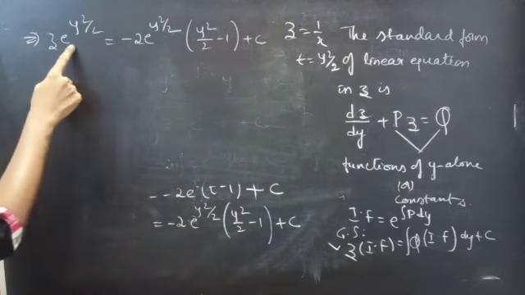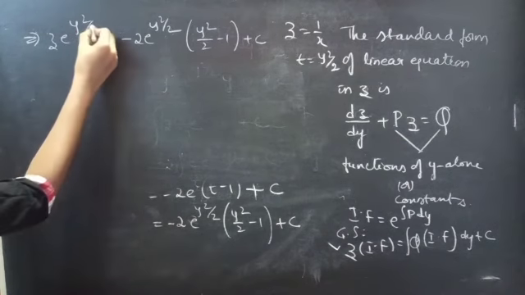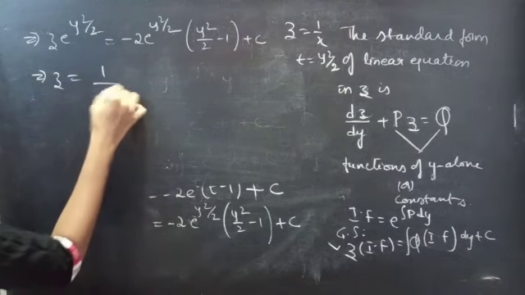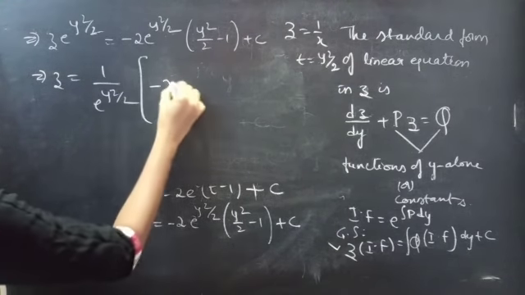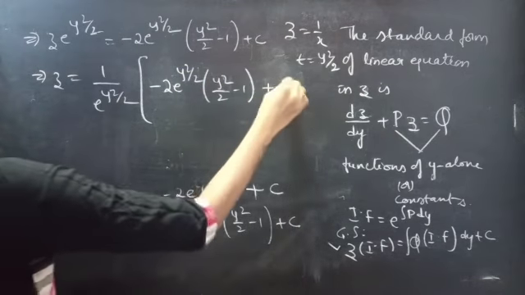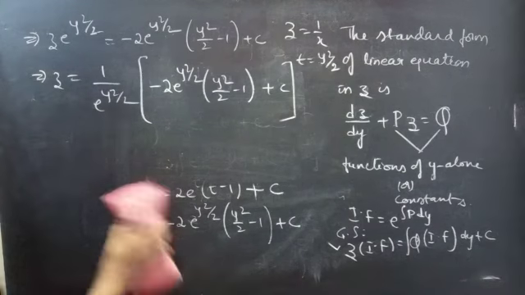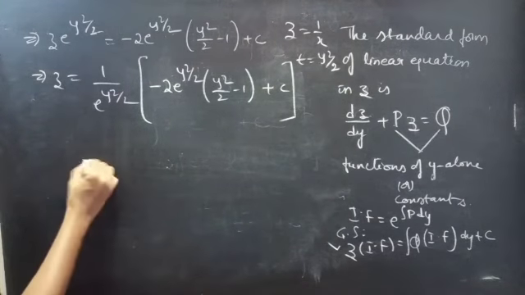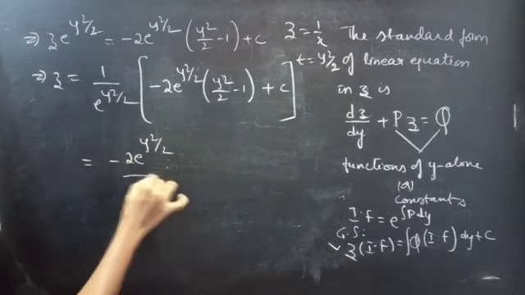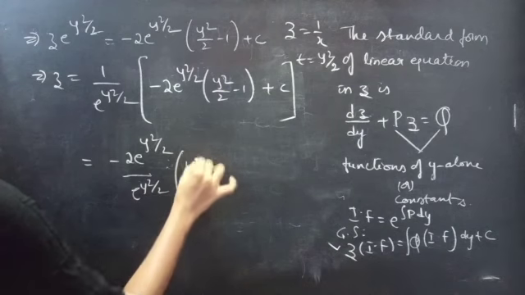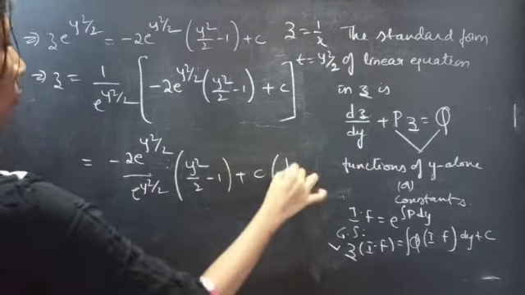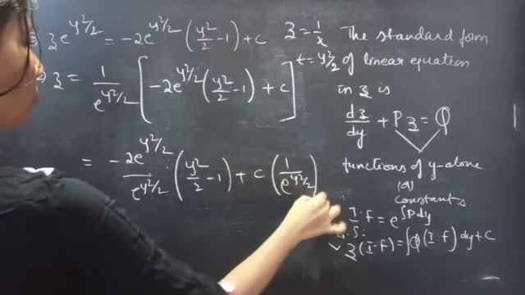Now bring this e power y square by 2 to the RHS. Simply take this to the RHS, okay? Then you'll get z equals 1 by e power y square by 2 times the RHS part: minus 2 e power y square by 2 times y square by 2 minus 1, plus c, which equals minus 2 into e power y square by 2 by e power y square by 2 into y square by 2 minus 1, plus c into 1 by e power y square by 2, right?